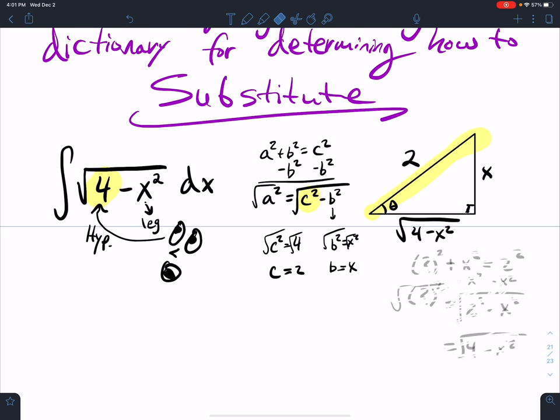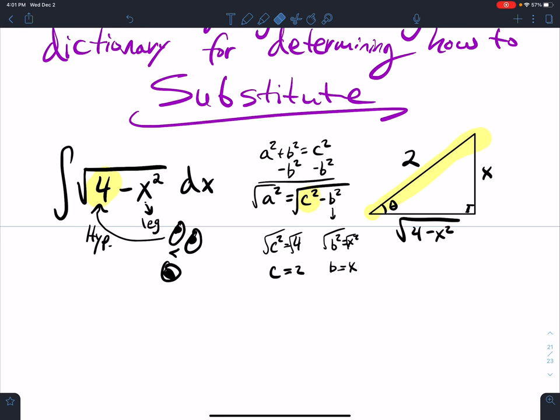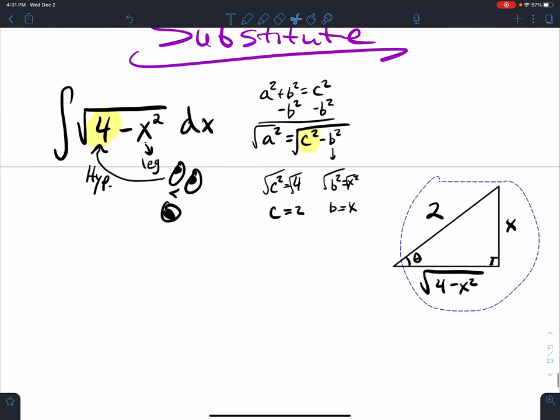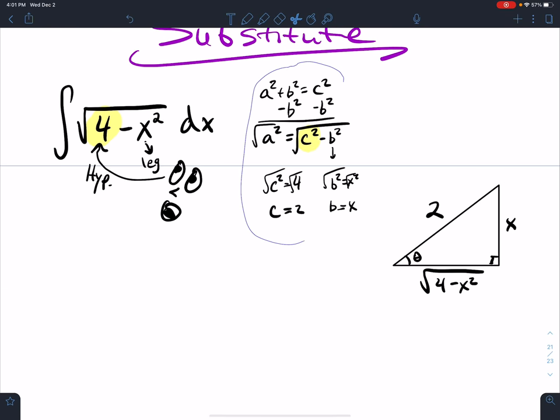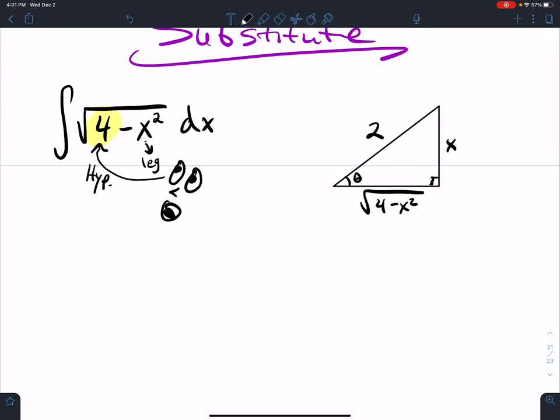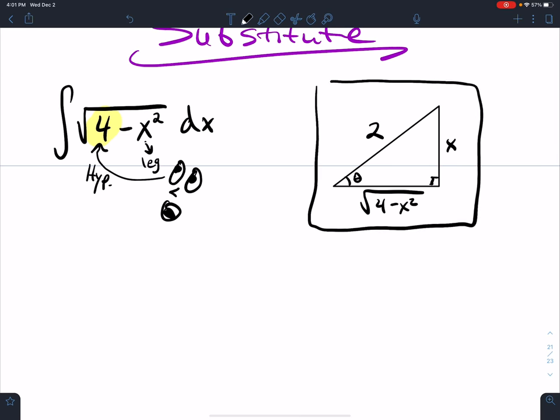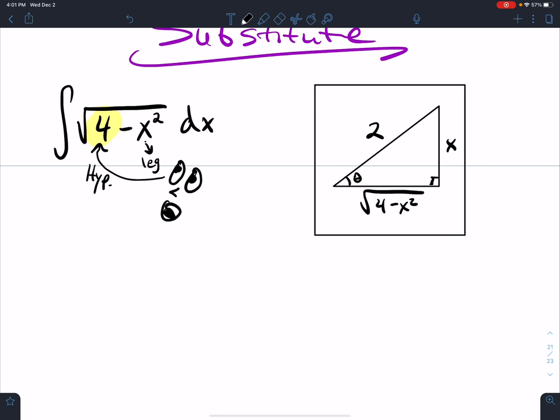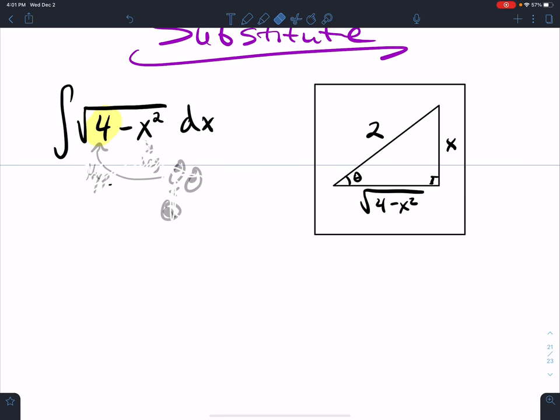Okay, so this is my dictionary. This is what I'm talking about when I talk about my trig dictionary, which I'm going to refer to from now on for any information that I need. So let's start making our substitutions.